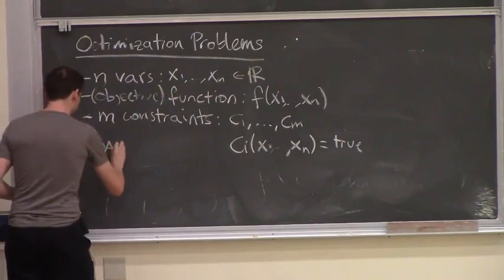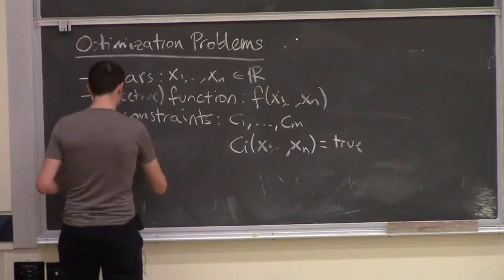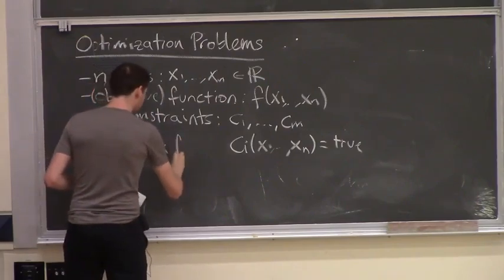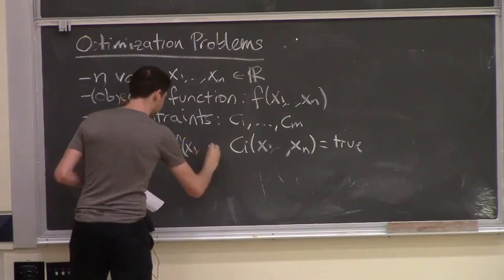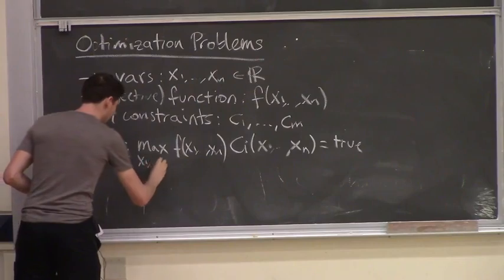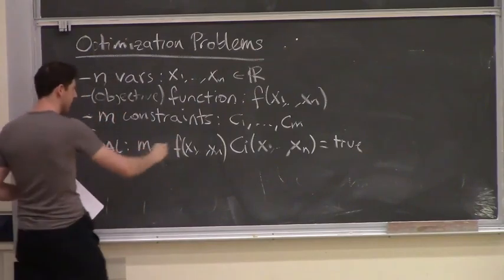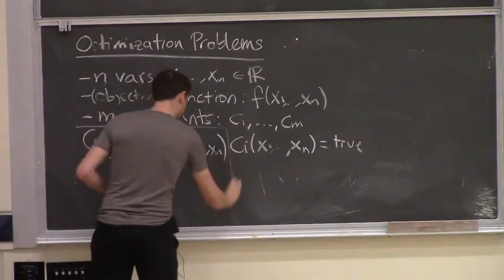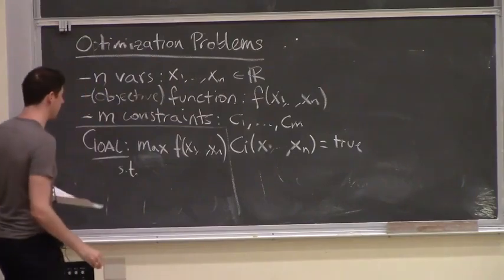We want to maximize this function of x1 through xn, subject to all the constraints being satisfied.